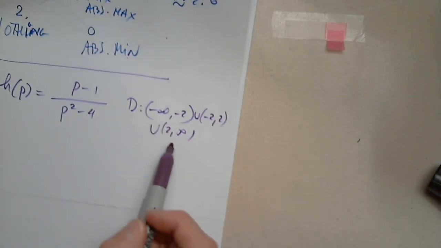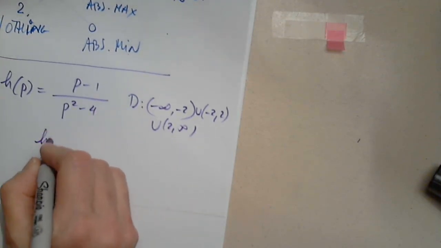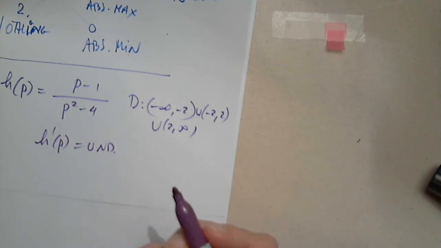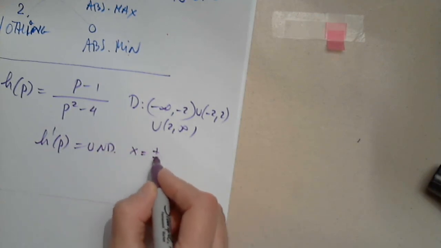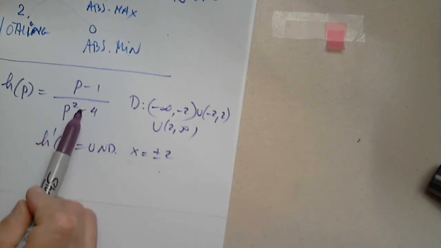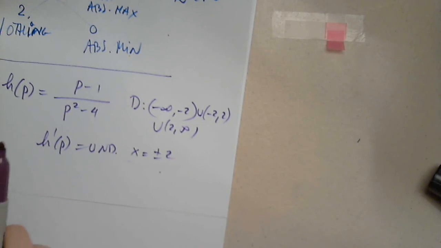The function itself is not defined at negative 2 and 2. So even if h prime is undefined at plus or minus 2, these two numbers cannot become critical numbers because the function is not defined there. Thank you for asking that.